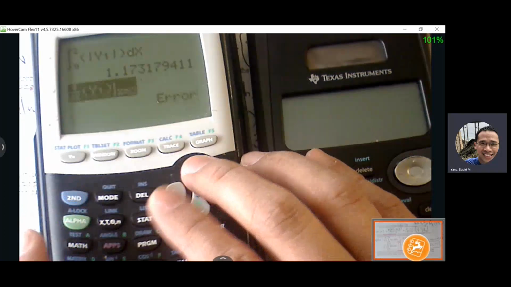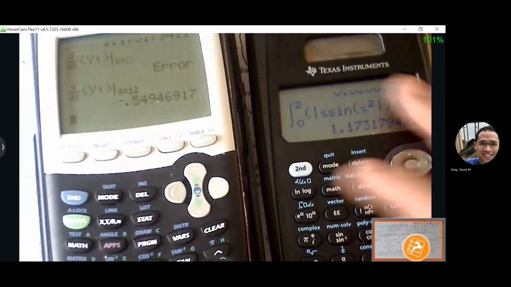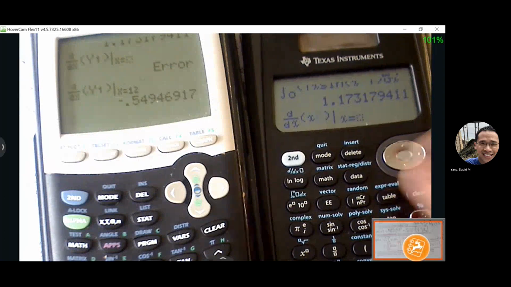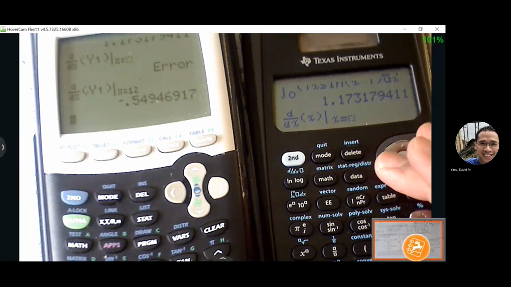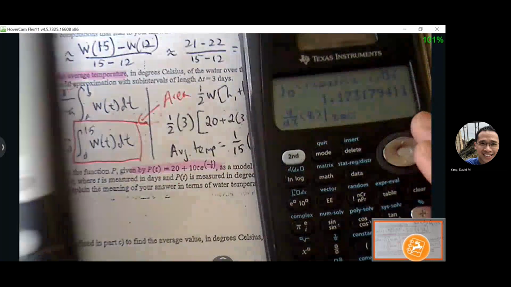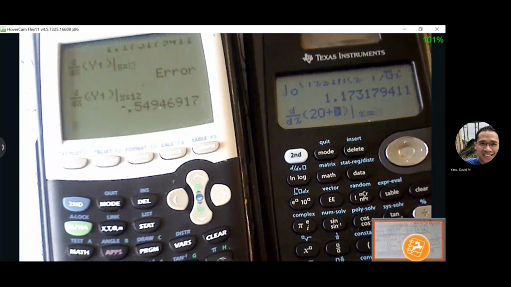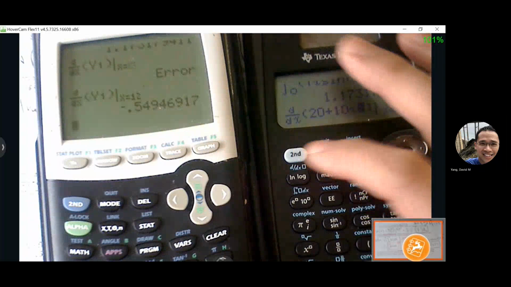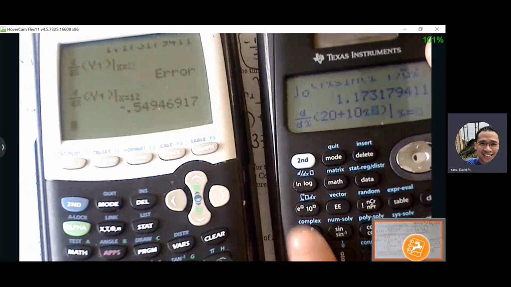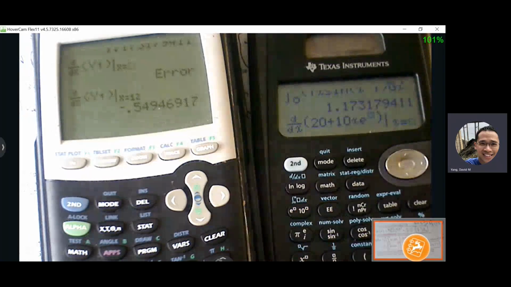And I want to find the rate of change on the 12th day. e is in that first column, see that e raised to the negative x over 3.